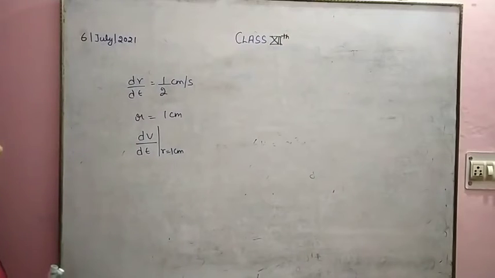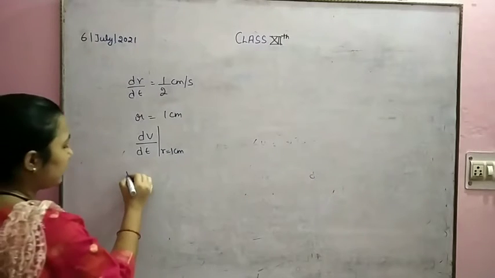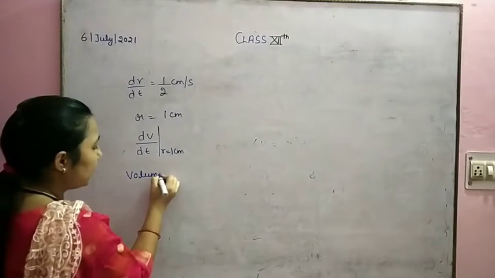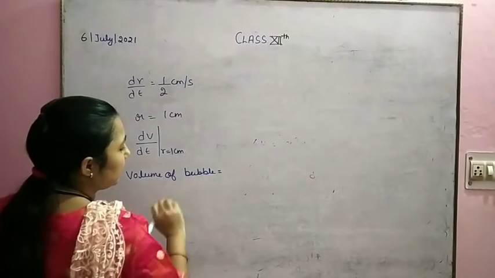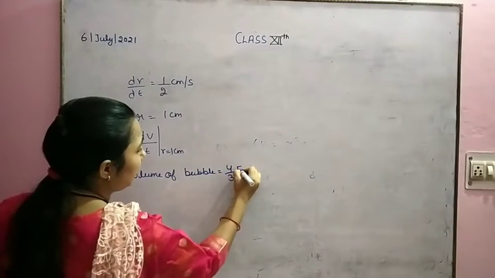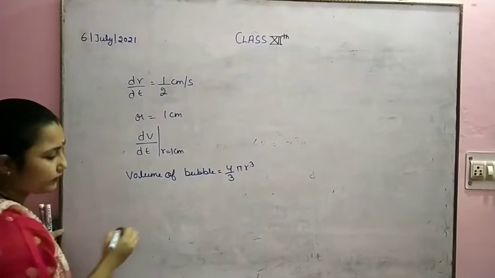Correct? So it is an air bubble, and a bubble is in the shape of a sphere. So we know that the volume of a sphere, that means the volume of the bubble, equals 4 by 3 pi r cube.